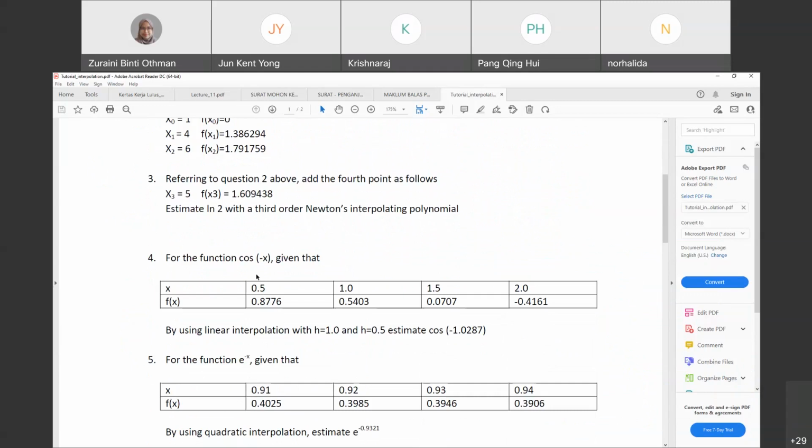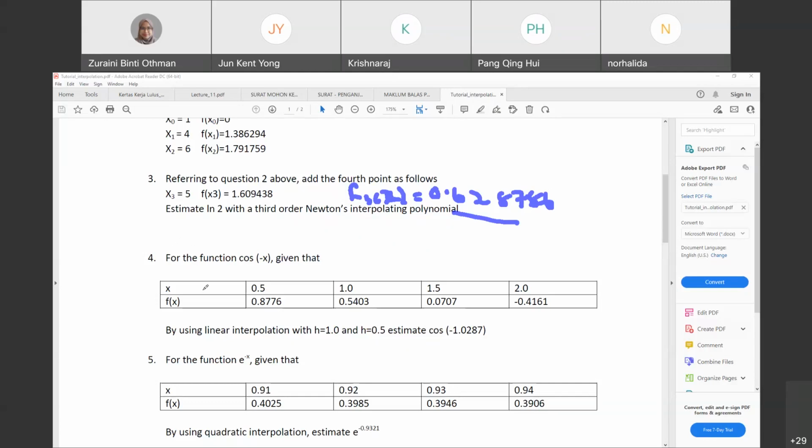Nanti soalan 3 ni jawapan akhir dia sila buat tadi dekat polinomial tu, F3x tu kamu akan dapat jawapan dia F3, this is ln 2, right? Kamu akan dapat jawapan dia 0.628786. Ini jawapan akhir kalau kamu buat. Okay, now we go for question 4.